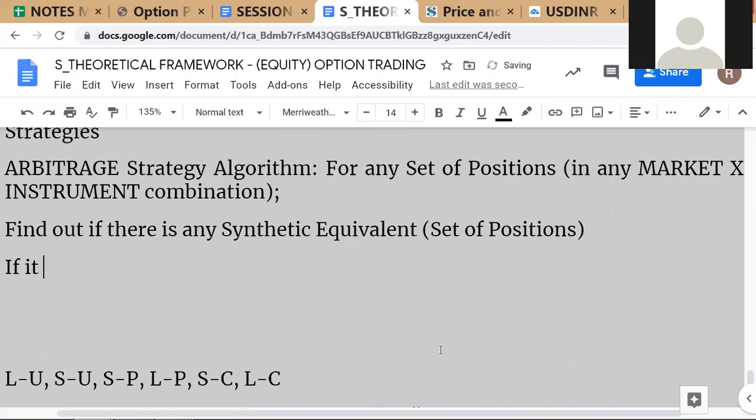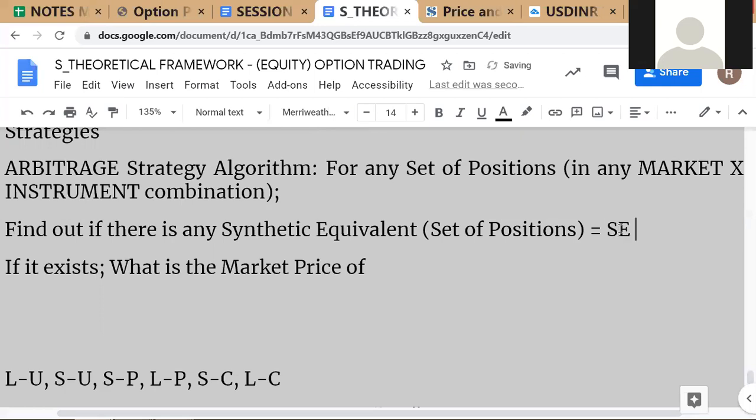If it exists, that means if the synthetic equivalent position exists, now we'll have to call this SE, because I don't want to keep writing synthetic equivalent all the time.